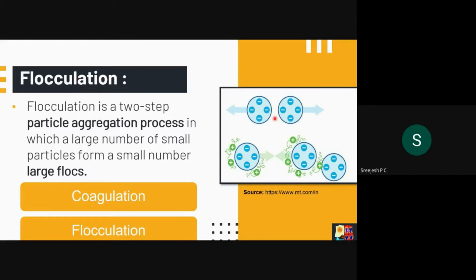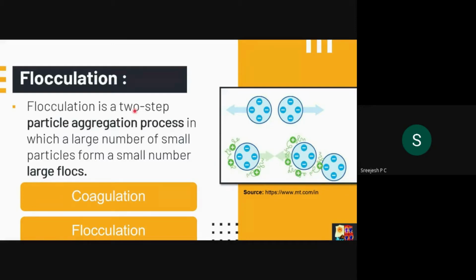Now, what we are trying to do is neutralize the charges by adding certain chemicals, which include the coagulant. It can be an organic, inorganic or polymer-based compound, which will neutralize or mask the negative charge present and make them come close.